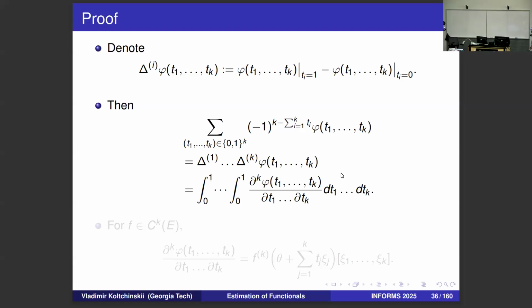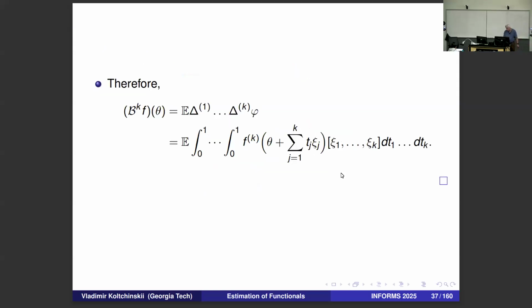and it remains to differentiate the function phi. The derivative of function phi is exactly equal to the k-th derivative of f in these directions. And this is the formula that I wrote before.